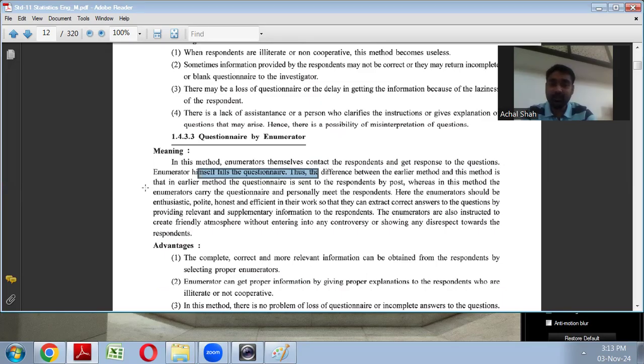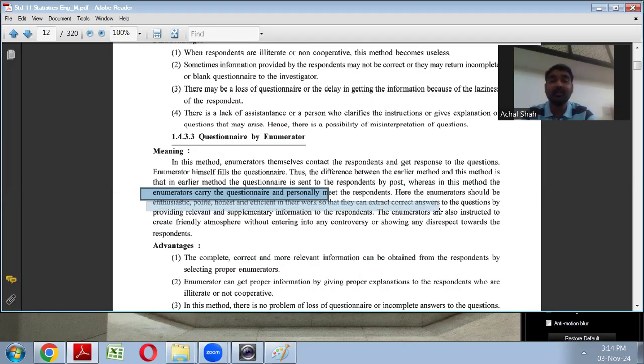Okay. So here the difference is that the enumerator will carry the questionnaire and he will personally meet the respondents. Whereas in the first method that we have discussed, the questionnaire will be sent by post to the respondent.